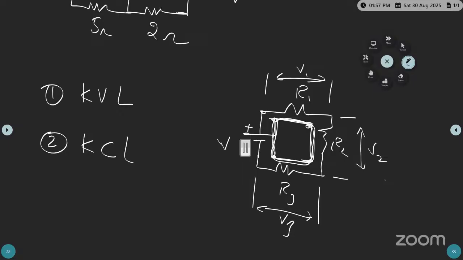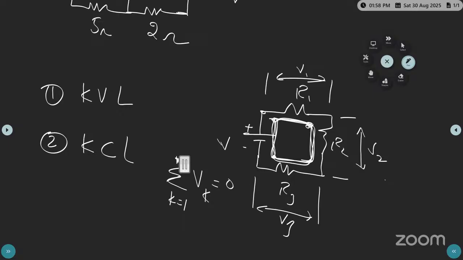So the formula is like this: sigma K equal to 1 to infinity, Vk is equal to 0. If K is 1, one voltage is V1, two is V2, so V1 plus V2 plus V3 up to Vn is equal to 0.